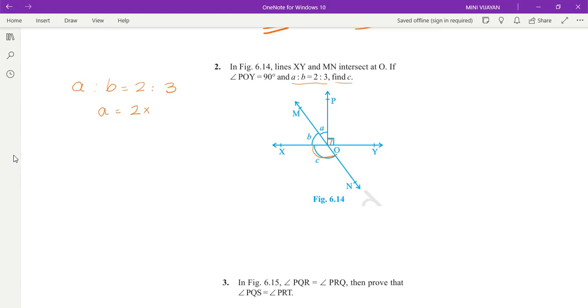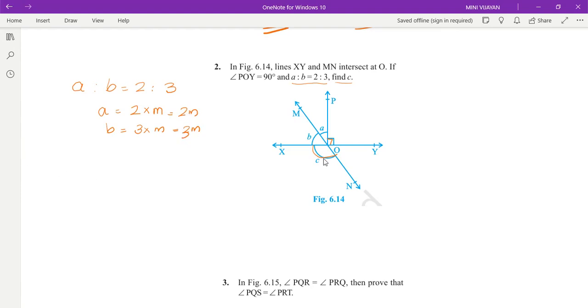So 2 times M. B is a multiple of 3, 3 times M. 2M and 3M we can take. Clear? So A can be taken as 2M and B can be taken as 3M, because A is to B equals 2 is to 3. When you take the ratio, we will get 2 is to 3.